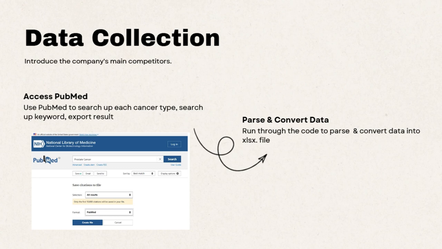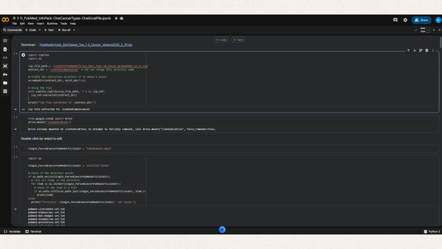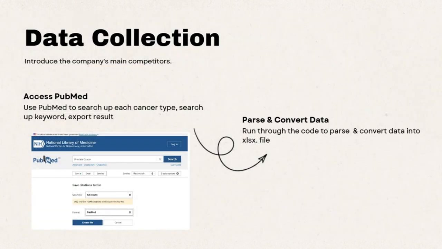For example, we search the keyword prostate cancer, and then we save the results. First we select all results, the format should be PubMed, and then we parse and convert the data into XLSX files so we can run it through the program.